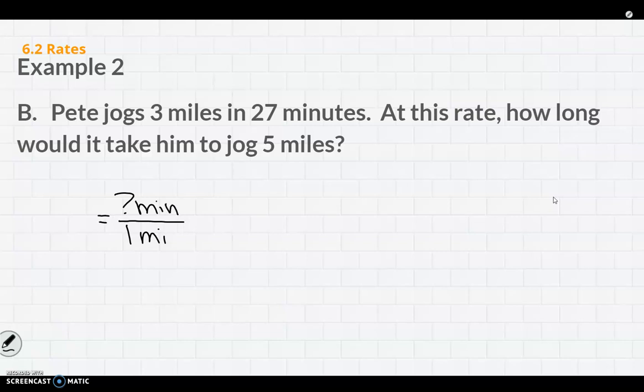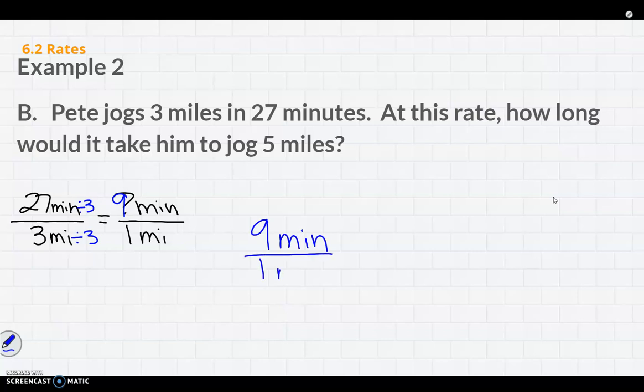Well, the rate that they give me is 27 minutes in 3 miles. Okay, so I'm going to divide each by 3. So 9 minutes, it will take him to do 1 mile. So 9 minutes per 1 mile. Okay, and that will tell me, well, if he wants to go 5 miles, how many minutes will that take him?